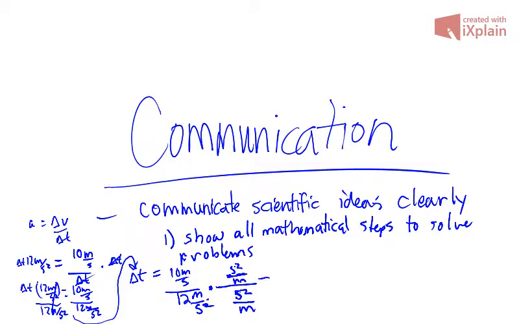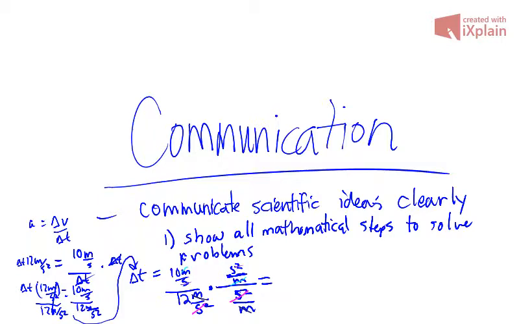All right, and then we can see from here that seconds squared is here and here. 12 meters cancels here and here. Seconds cancels from here and here. Meters cancels from here and here.